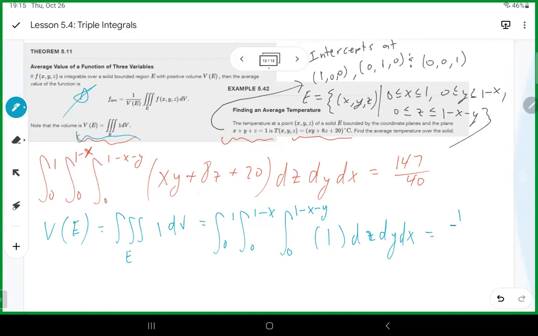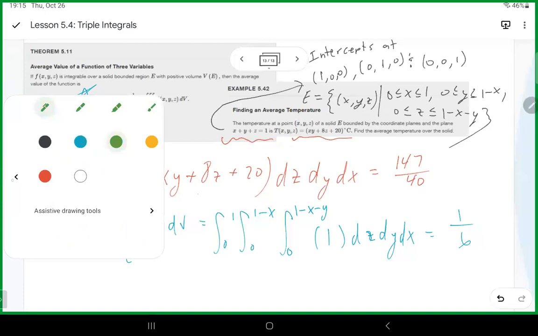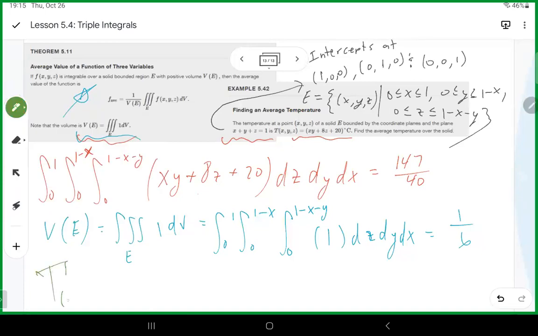And that's going to be 1 over 6. So to find the average, you're going to have 147 over 40 over 1/6, which is the same as doing 6 times 147 over 40, which is 441 over 20 degrees Celsius.